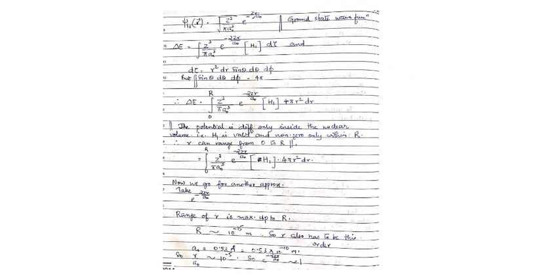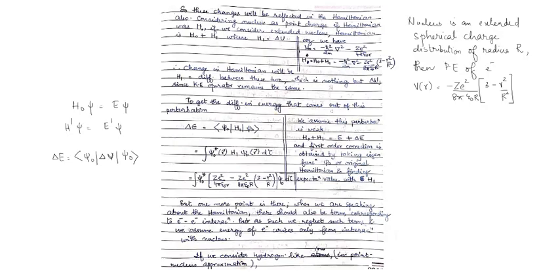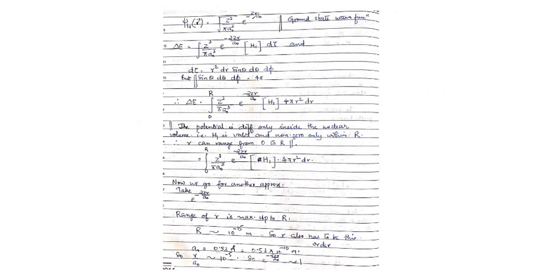So if you're writing down the 1s wave function, as mentioned earlier, the expression is root z cube by pi a naught cube e raised to minus zr by a naught. And that's your ground state wave function. So in the previous expression, instead of psi naught, you will be plugging in this quantity.